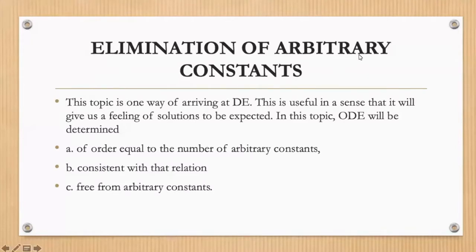And after that, if the resulting equation has arbitrary constants, then that's the time that you are going to manipulate or work on the resulting equation and utilize the other equations to eliminate the arbitrary constants.